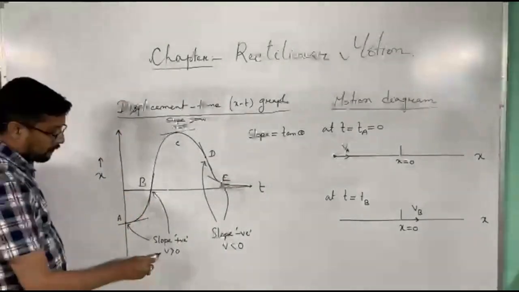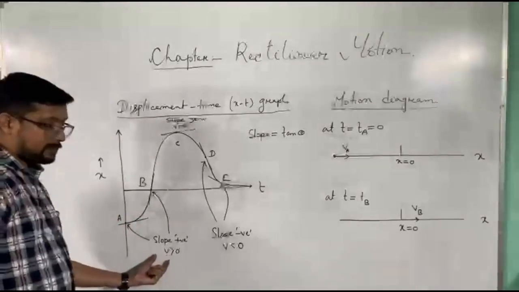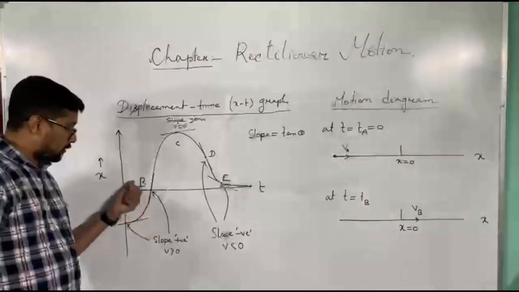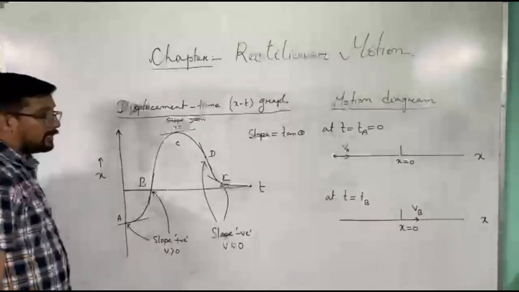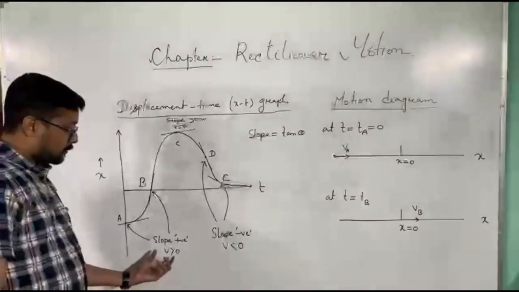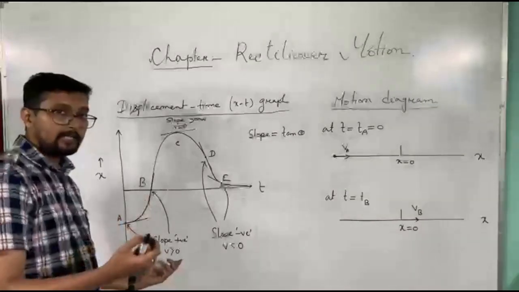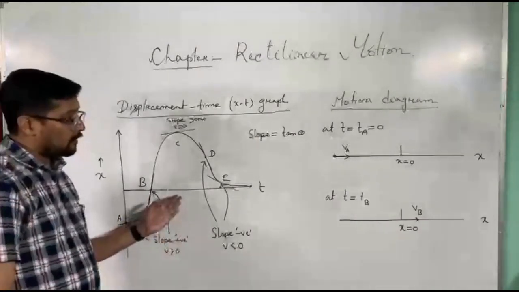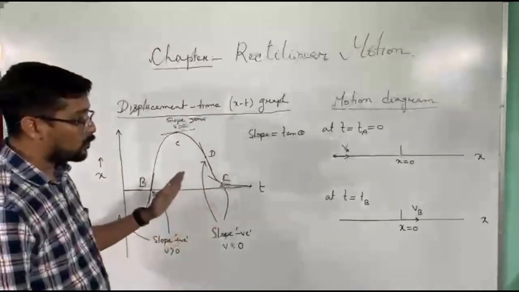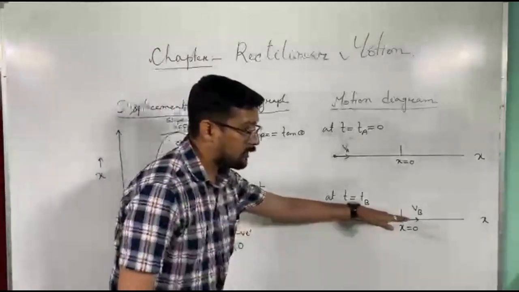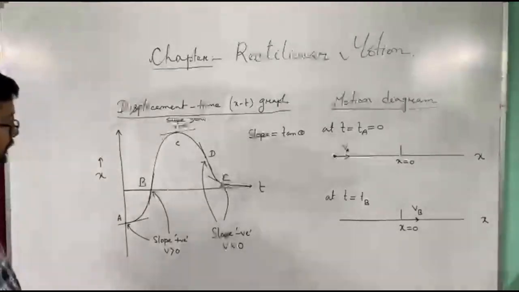Slope itself is the velocity in the xt graph, that means velocity is positive. And since velocity has magnitude as well as direction, positive means the motion is in the positive direction.